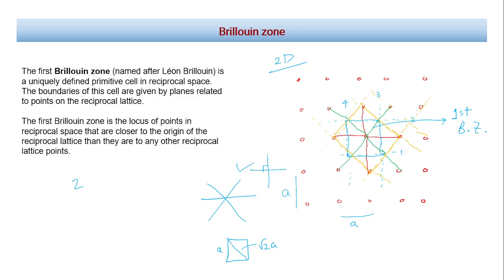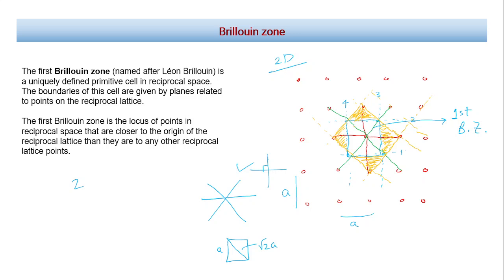So the area enclosed by these blue walls, as I said, is the first Brillouin zone. Now the area enclosed by these four yellow walls but outside the blue, so inside these yellow segments but outside this blue segment, would be our second Brillouin zone. So this space, and this all, and this.